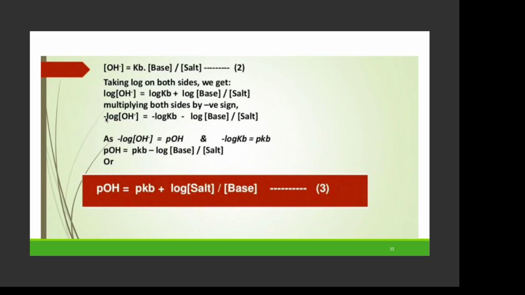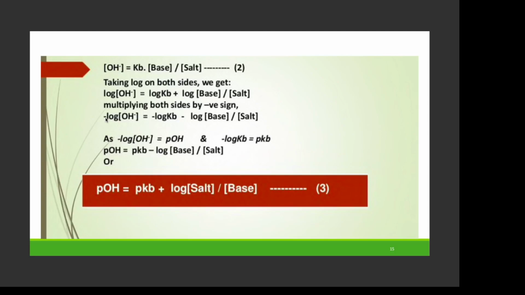When we multiply both sides by a negative sign, it will be minus log hydroxide ion, so we can get pOH from here. And for the other side, it will be minus log Kb minus log base by salt.